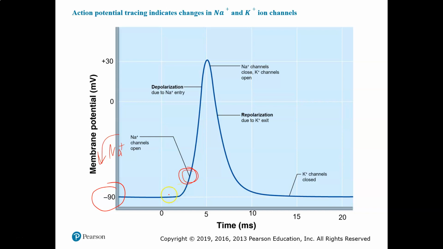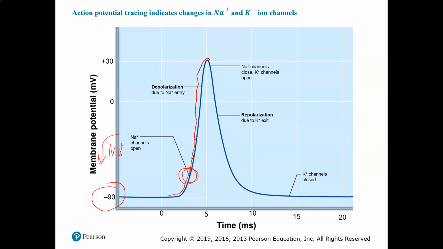So it's going to travel up toward the 0. And then once threshold is reached, and threshold can be various numbers, I gave you negative 55, so we can just say if threshold is negative 55, sodium channels are going to open and sodium is going to then rush into the cell. And that's going to very quickly raise the membrane potential to a positive value, positive 30.